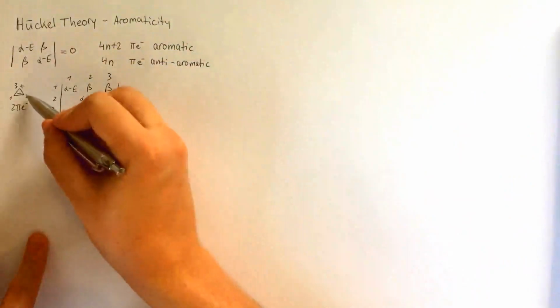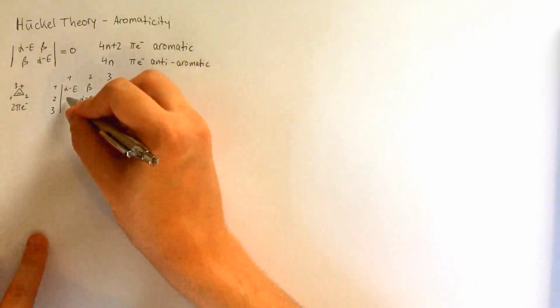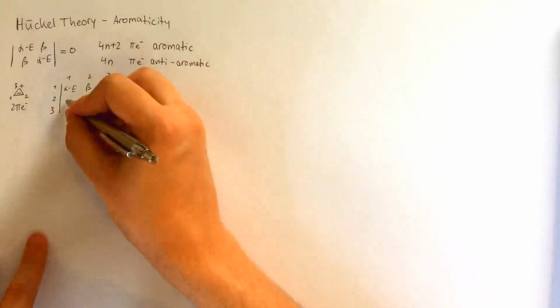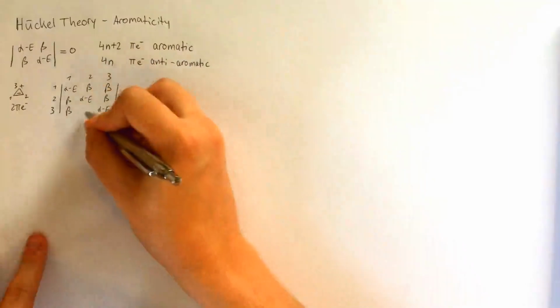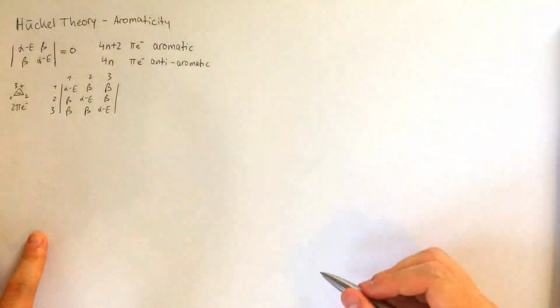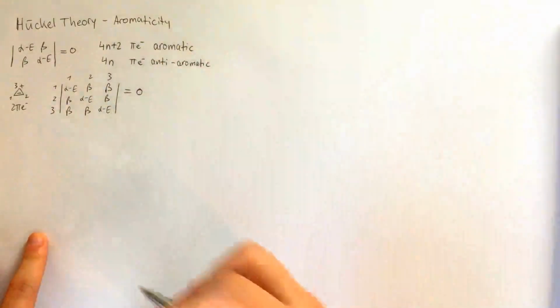Carbon 2 is bonded to carbon 1 and 3, so we put a beta here, and similarly for carbon 3. And this determinant is meant to be equal to 0.